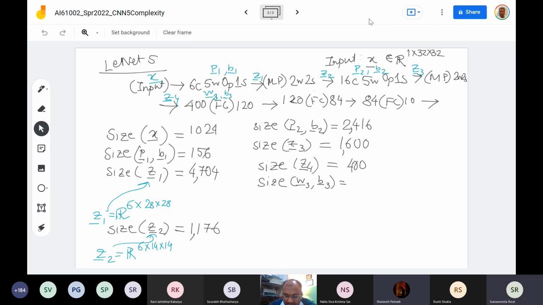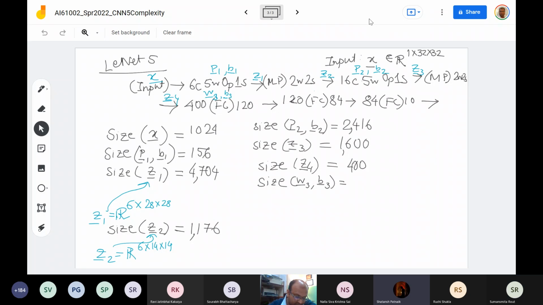Is there any learnable parameter in the max pooling? No, sir. If there is no learnable parameter in the max pooling, then will it take any space? Okay, sir.